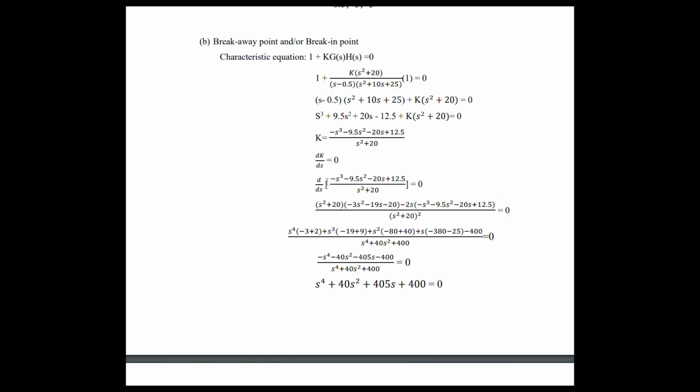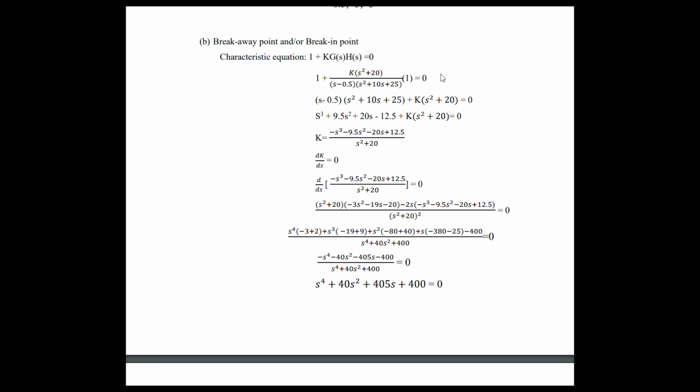So there are 3 poles and 2 zeros. Next, for the breakaway and break-in points, we use the characteristic equation 1 plus G(s)H(s) equals 0.